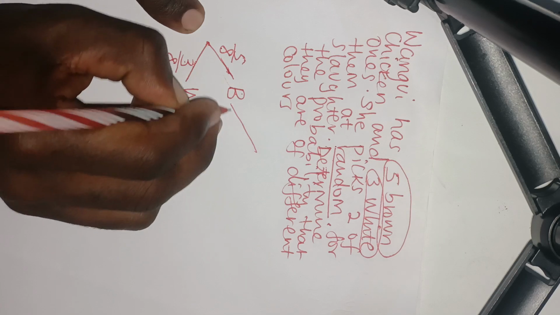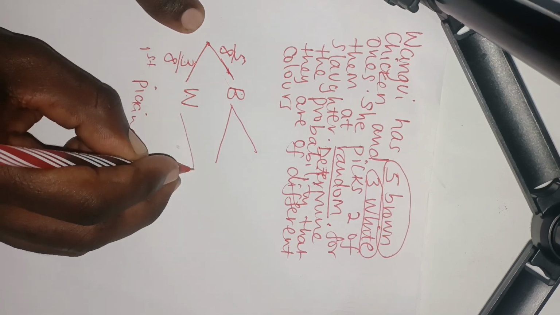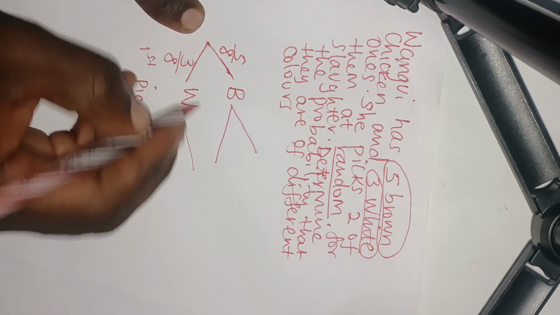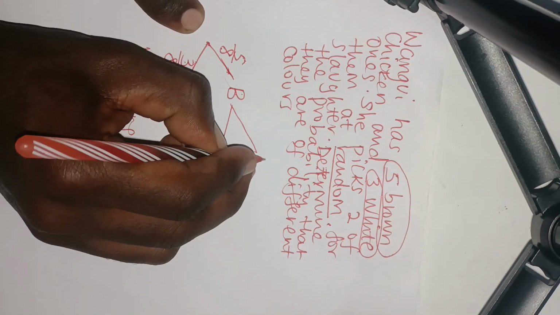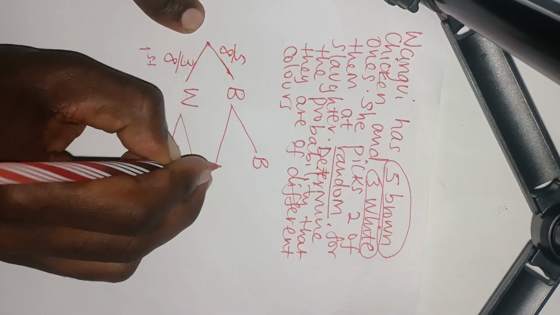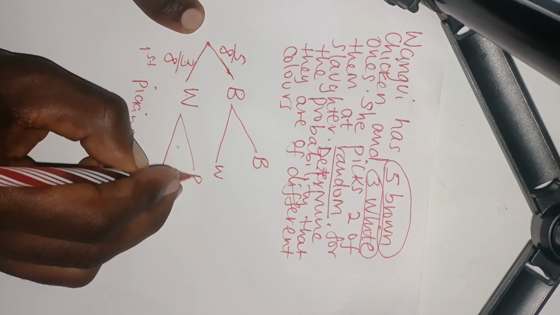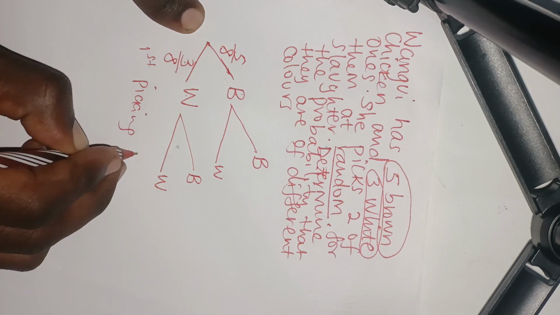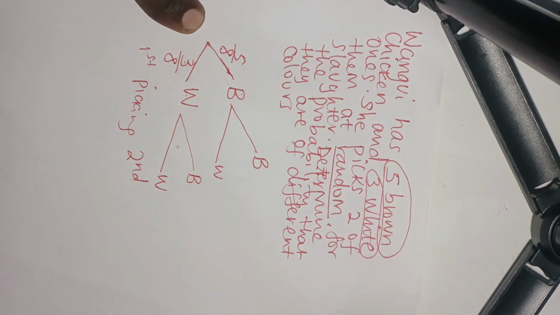So then we shall have another tree diagram just to branch it from the beginning. Then we shall also indicate that order: brown, then white, again brown, then white. This is our second picking. Look at that.